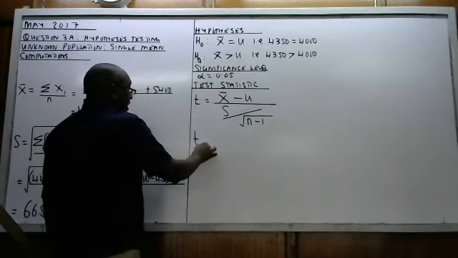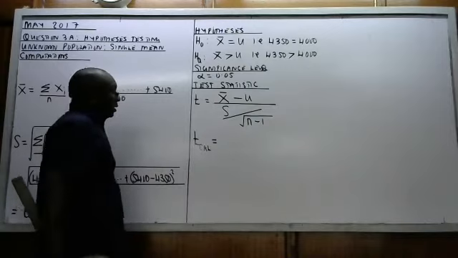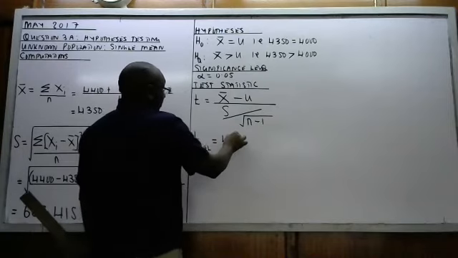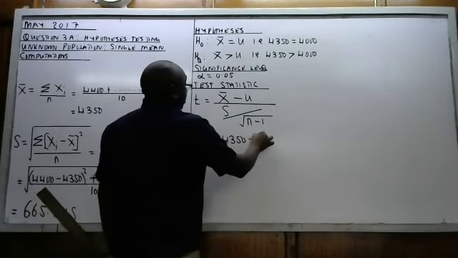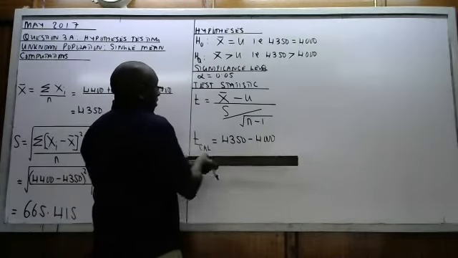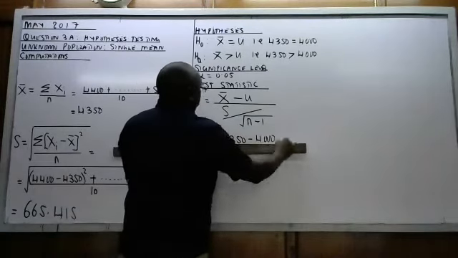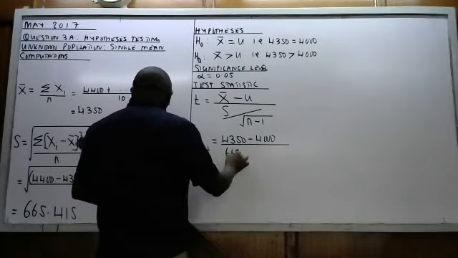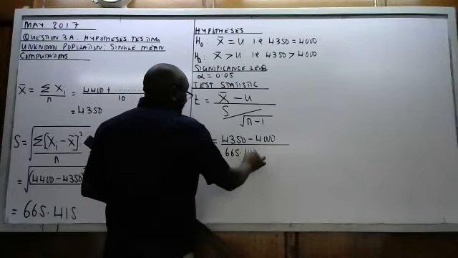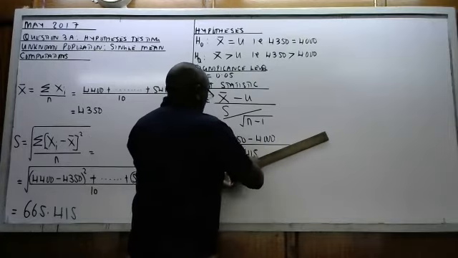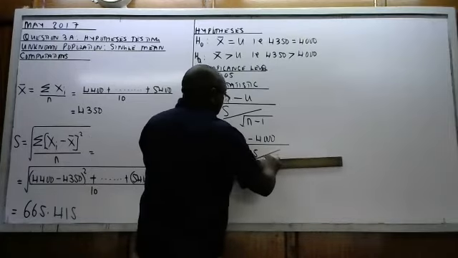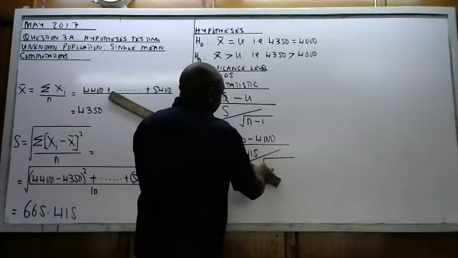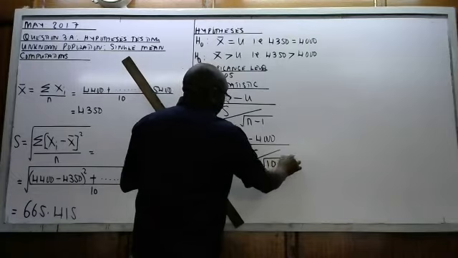So T calculated will be 4350 minus 4,000. You divide by 665.415, which is first of all divided by the root of 10 minus 1.